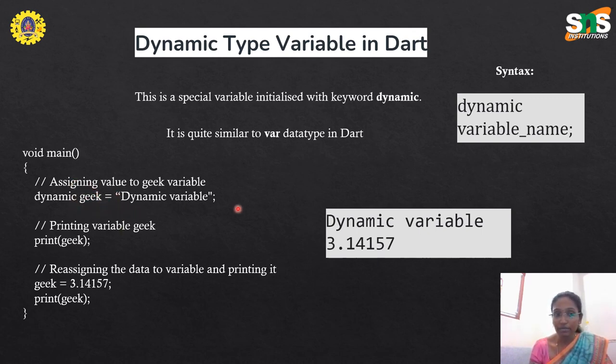Okay, and for the dynamic variables I'll give some text over here, and next I'll give some values to Greek. It will print both the text and values on my screen. Okay, dynamic variable and 3.14157. Whatever I give you, it will be shown on my screen also.